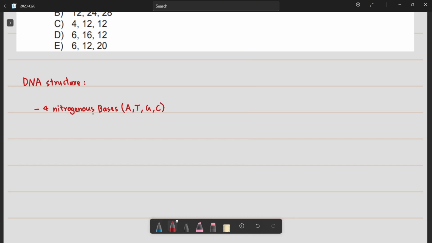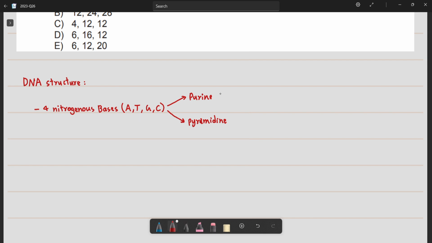And nitrogenous bases are divided into two divisions. The first division is purines, and the second one is pyrimidines. So these are the two divisions of the nitrogenous bases.